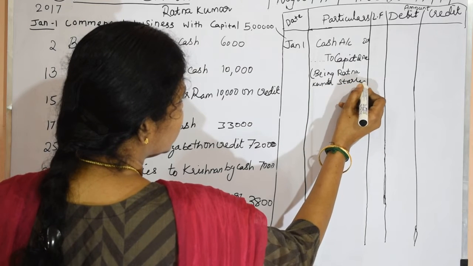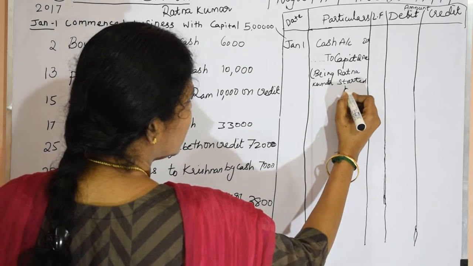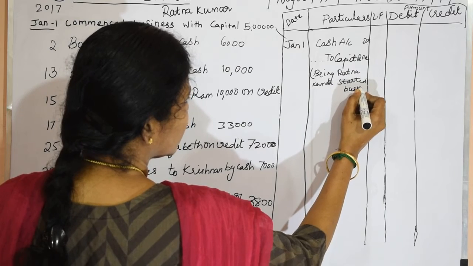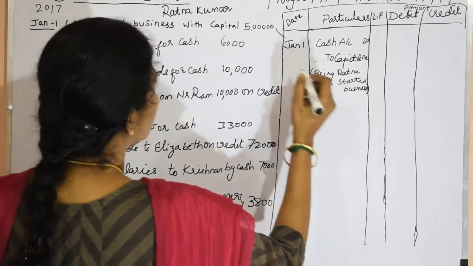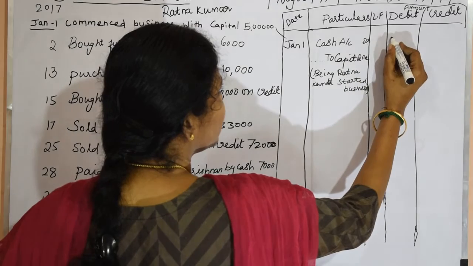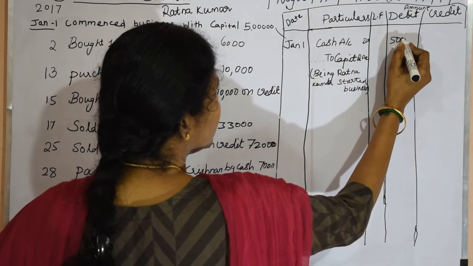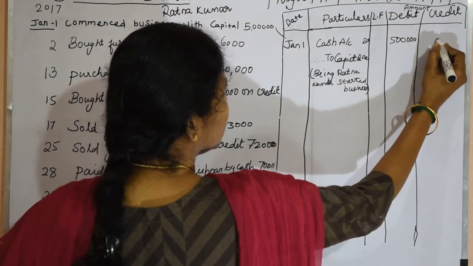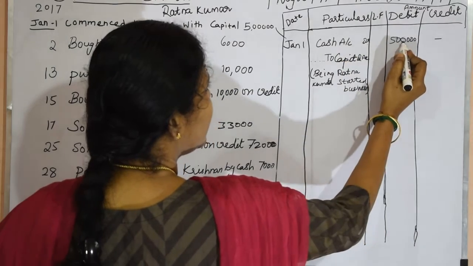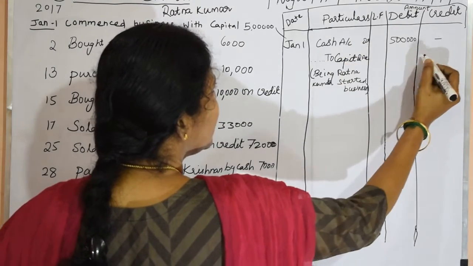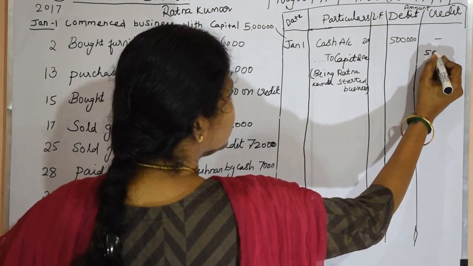So the amount is 5 lakh. Here 5 lakh, in the debit column 5 lakh and in the credit column 5 lakh.